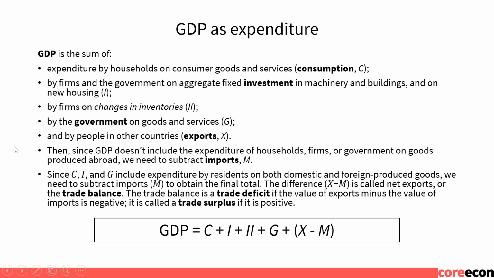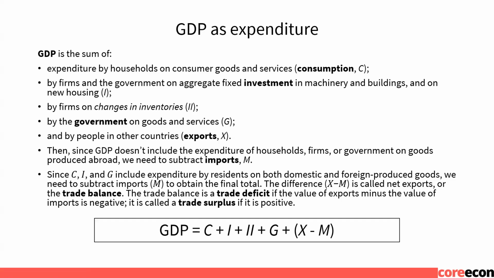And the gross domestic product doesn't include the expenditure of households, firms, or government on goods produced abroad. So we need to subtract the imports, M. Since consumption, investment, and government expenditure include expenditure by residents on both domestic and foreign produced goods, we need to subtract the imports. The idea pretty much is that when we look at gross domestic product as expenditure, we have consumption, investment, and government expenditure constituting a part of the total expenditure in the economy.